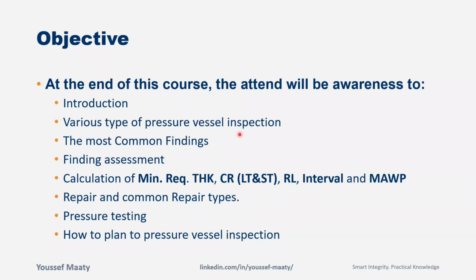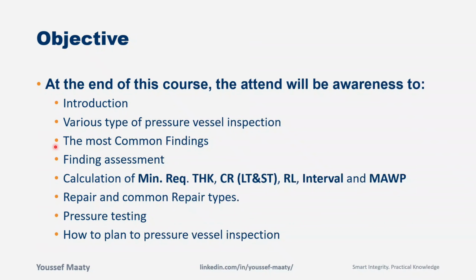Measurement is actually considered part of the on-stream inspection. We will also discuss common findings and damage mechanisms that are frequently encountered in pressure vessels. These include corrosion, cracking, metallurgical changes that affect material properties, and mechanical fatigue resulting from vibration or operating conditions.